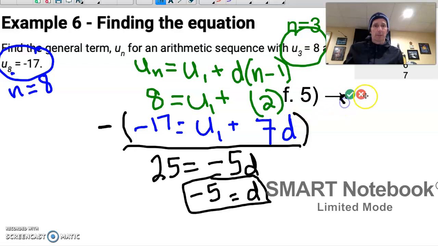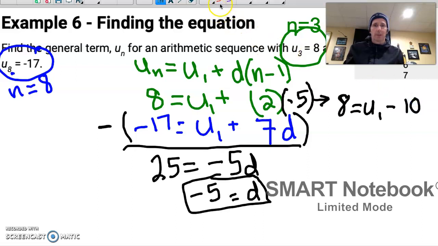So I'll have 8 equals u1, negative 5 times 2 is negative 10, so that becomes minus 10. And if I want to solve this for u1, I would just add 10 to both sides. And I come over here and add 10, and I now know my first term is 18.